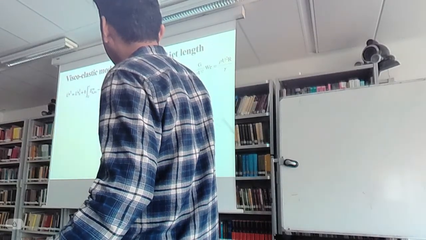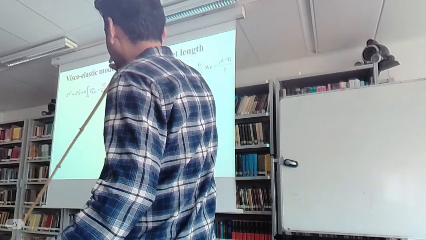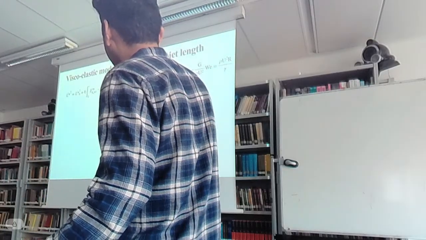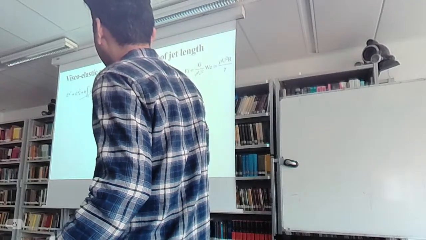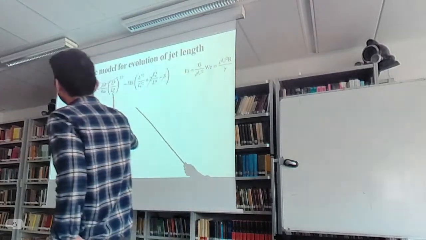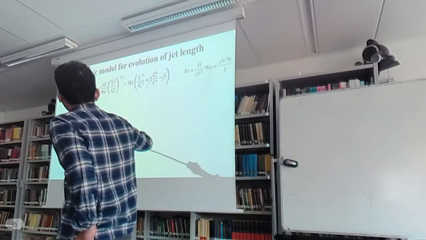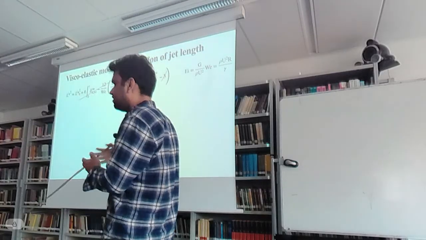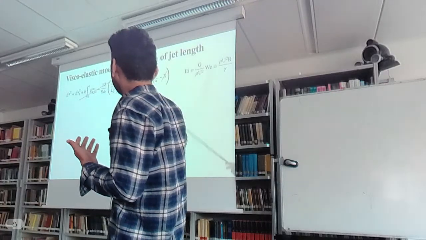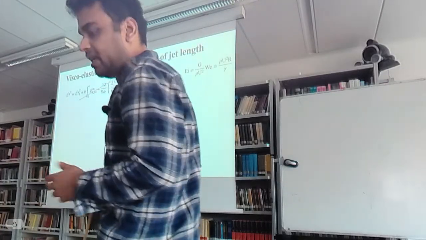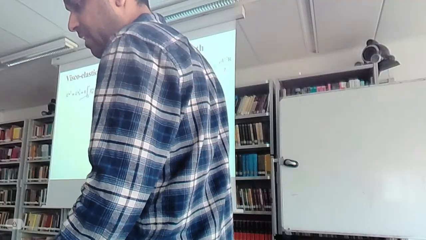Solving this is not very straightforward because it's a non-linear ordinary differential equation, but I can do some approximations as previously for the Newtonian case, that the influx and the surface energy are less important, and that the length of the jet is much larger compared to the equilibrium, if there was some equilibrium at some point.